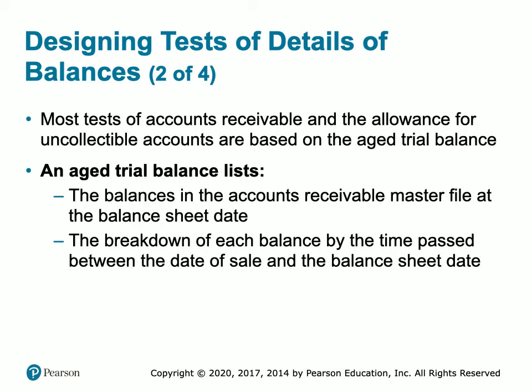So what you'll get is an aged trial balance of accounts receivable. Nowadays, your systems automatically, or should automatically, reconcile your aged trial balance to your ending balance of accounts receivable. And a lot of systems will prevent you from making journal entries directly to the accounts receivable account.